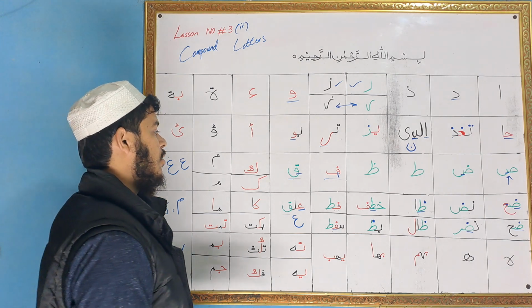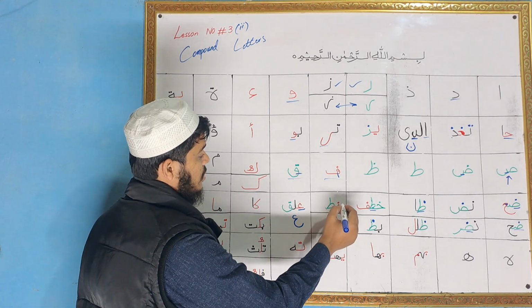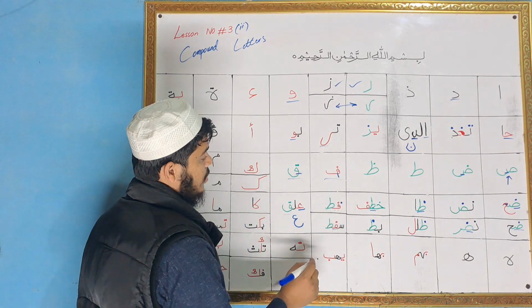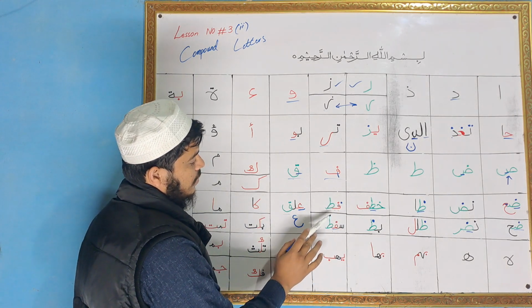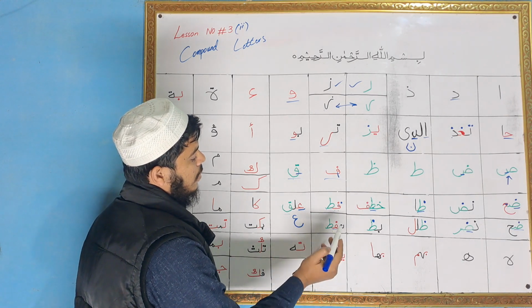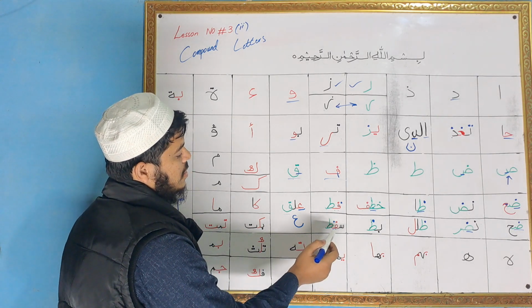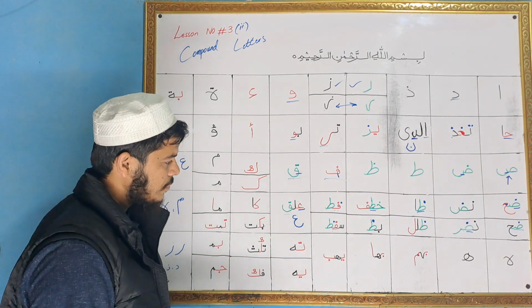Now we move to the letter Qaf. As I told you, Fa and Qaf have the same shape as the first letter, so you simply put another dot there. Now we read it as Qaf, Qaf, Ta. Put another dot there, it will be now Qaf, Sin, Qaf, Ta.